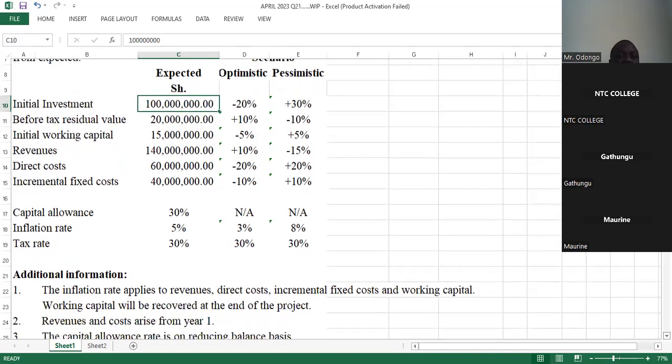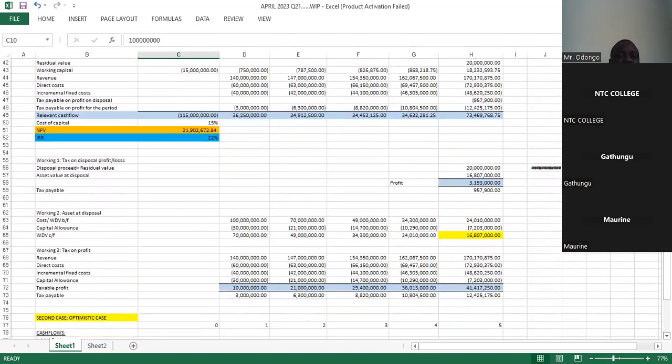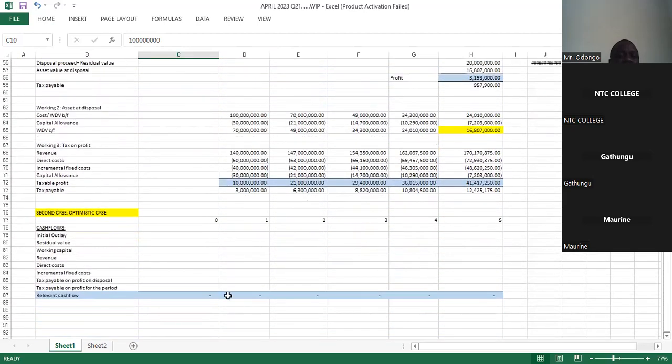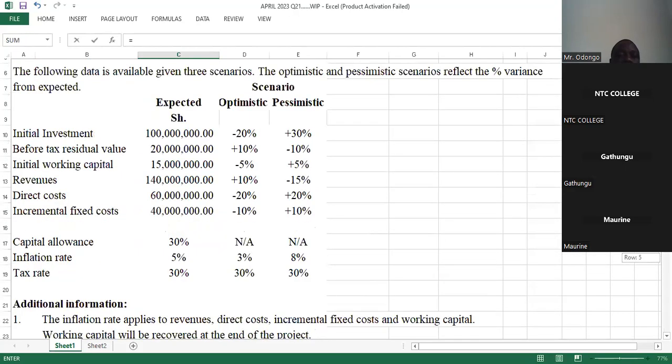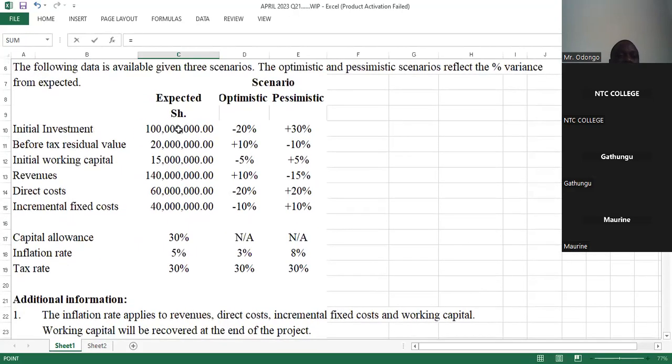So if I come back to my optimistic case workings, I'll say equal to, I will come back up here and pick the 100 million. And then I'll say multiplied by, you know, we are minusing 20%. So multiplied by 80%.